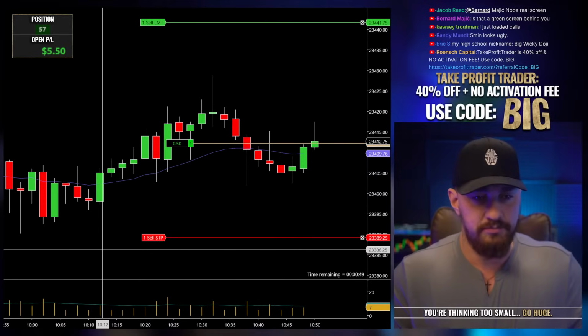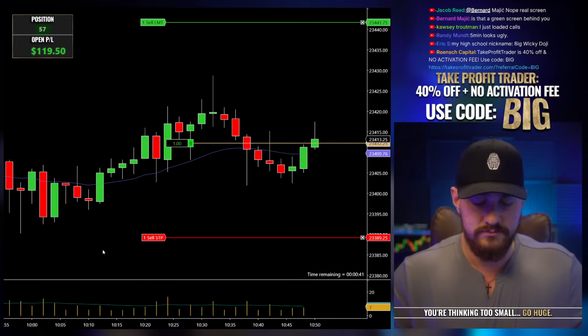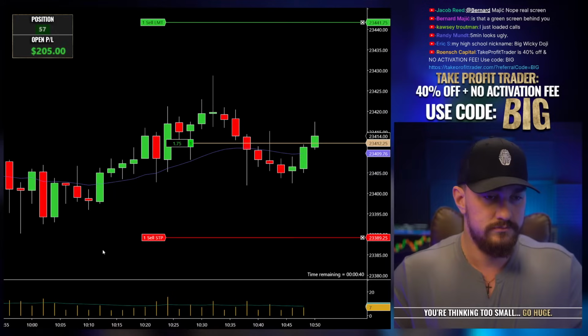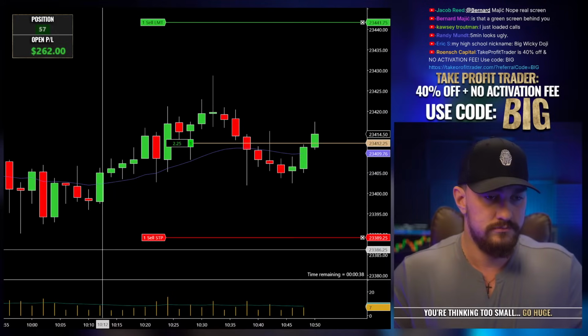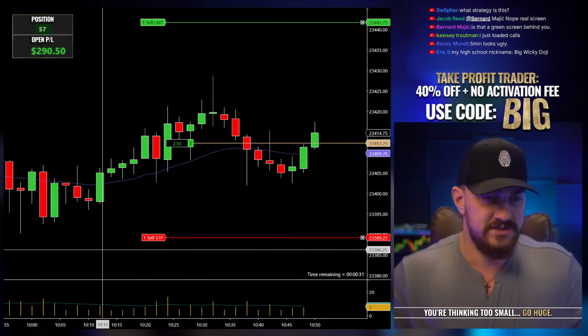Bears trying to suck it back here. It's all right. See if the bulls can get some better follow through here. Again, protective orders are out. Protective stop is out. Protective take profit limit order out. Those are primarily for news events here.